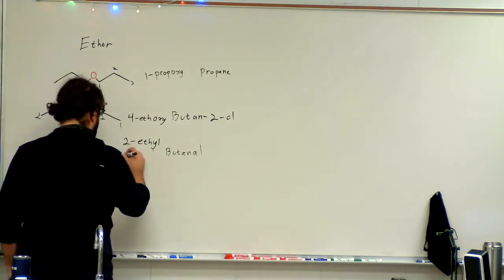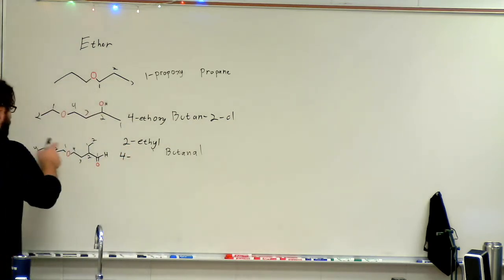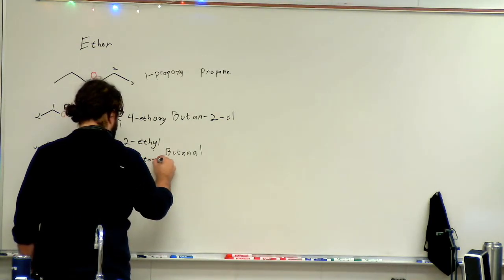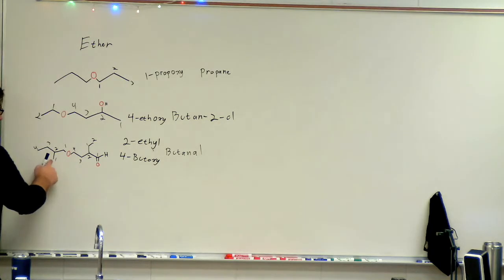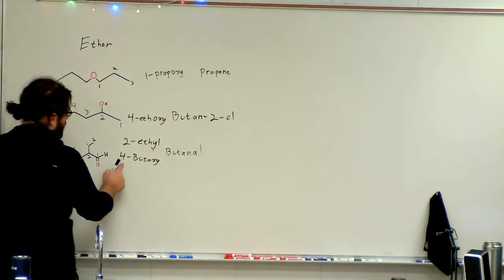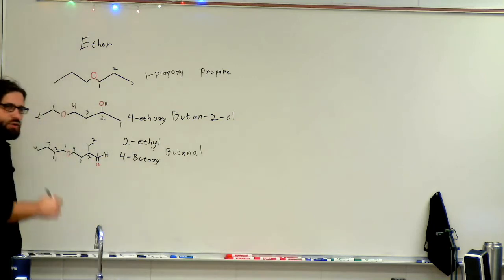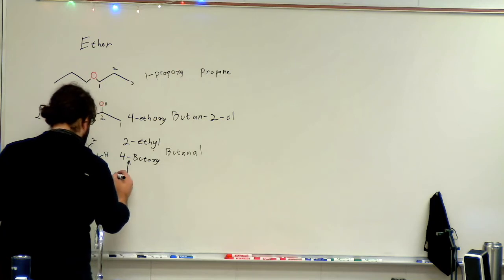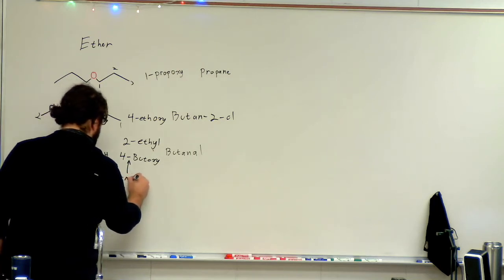So this will normally be 4, and then 4 carbon chains long, butoxy. And then we've got this 1 methyl occurring on the 2 of the 4-butoxy. So the way we're going to do that is we're going to be able to put that name in right here as a 2-methyl.